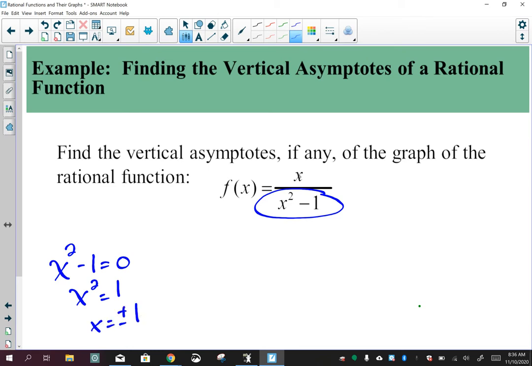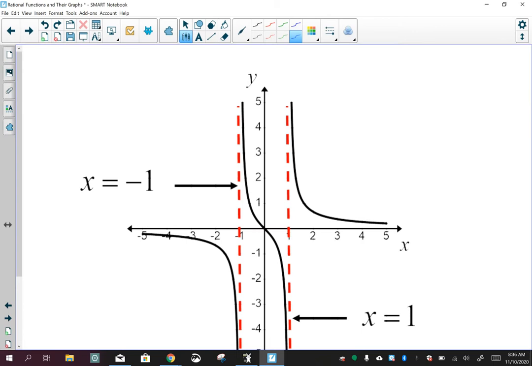Now, I'm looking at my numerator to see if any of these will cancel, and there's nothing up here that's going to cancel. I can't factor this to get anything down here. So basically, I'm good to go. That means because my numerator and denominator are not canceling anything, I have vertical asymptotes at -1 and +1. And if you take a look, that's what the graph would look like, -1 and +1. Okay.